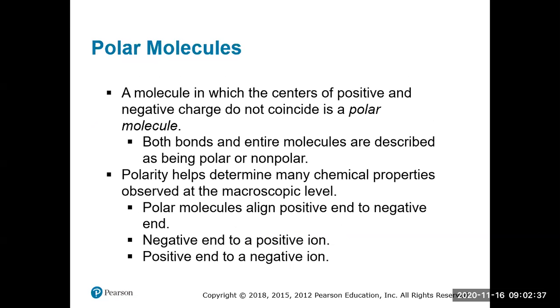When you have polar molecules, you're looking at the different bonds taking place within the molecule, and then looking at the overall polarity of it. In other words, do you have a lot of polar bonds within the molecule? If you do, then the molecule itself is going to wind up being polar. If you don't, then you will have a molecule that's nonpolar.